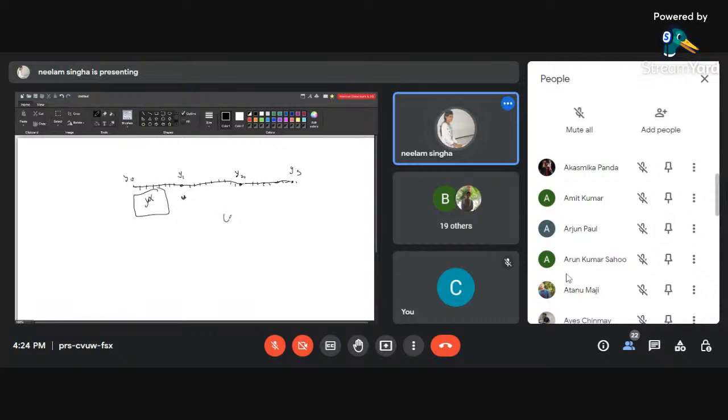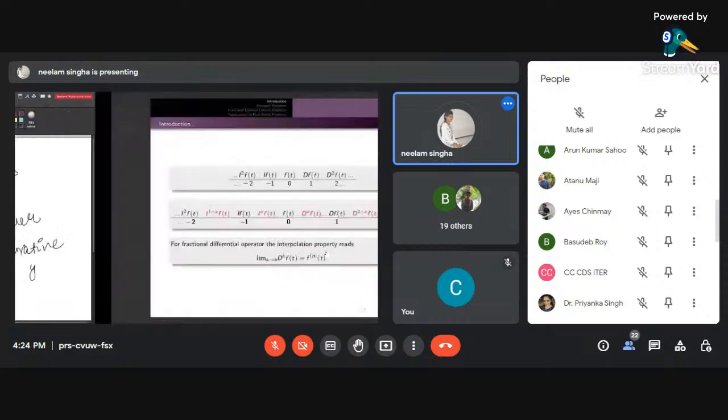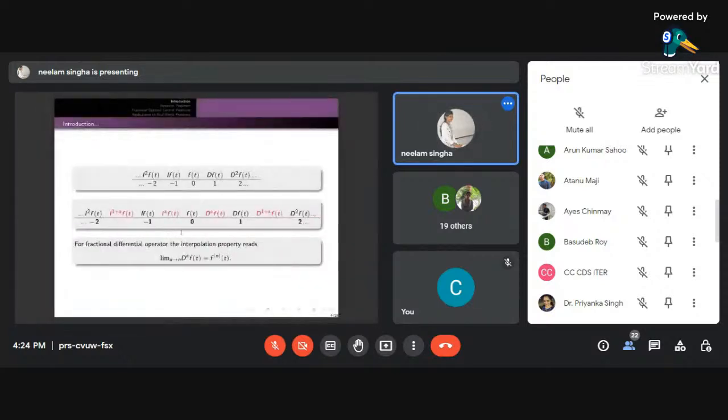In an easier way, I can say that this is the lower order derivative of y. This is what I have presented here as well, because sometimes we simply understand it as a generalization, but it is more than that.